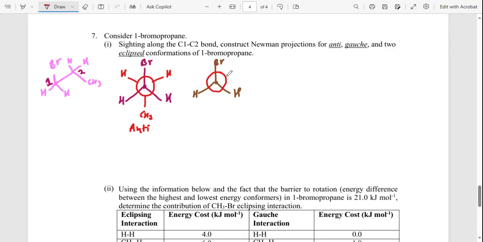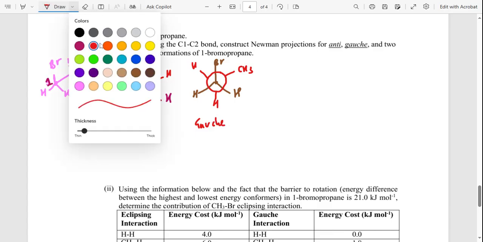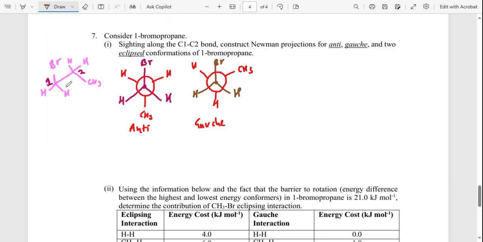We can have the CH3 here, and then one hydrogen here, one hydrogen here.